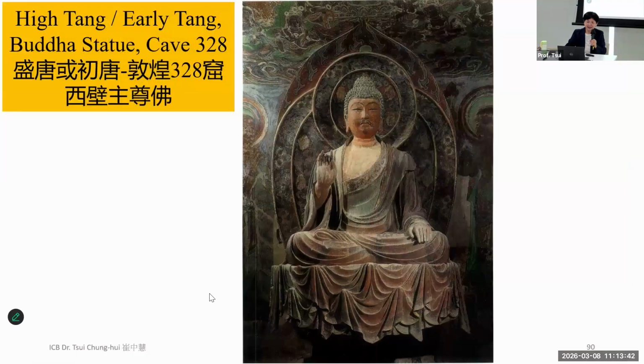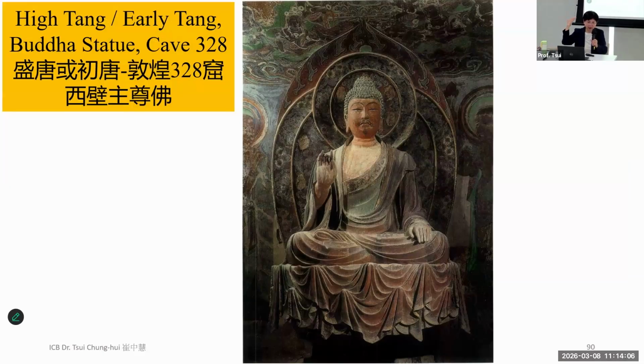So in the main altar, we have the very beautiful image of the Buddha. The Buddha statue performs the Dharma teaching gesture with a very beautiful Buddha's robe, especially in the Tang Dynasty style.